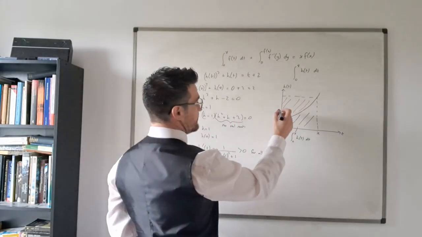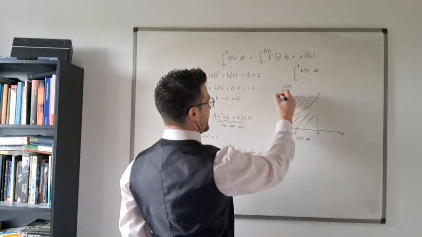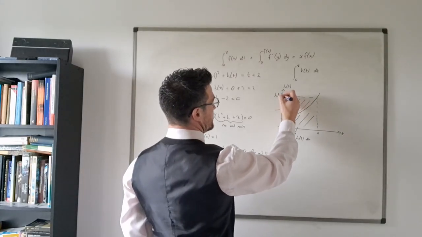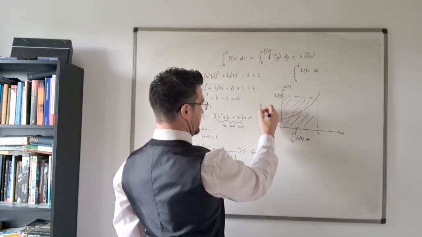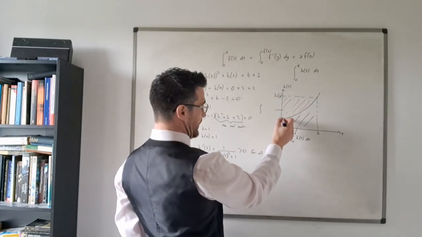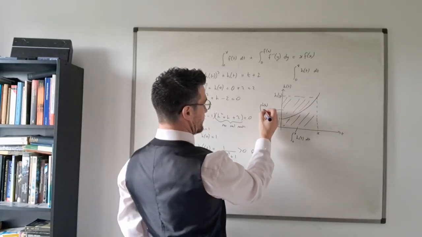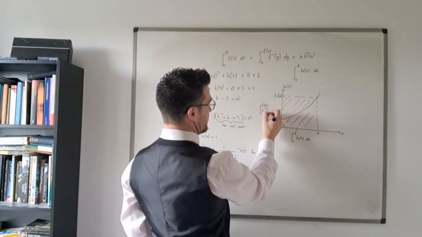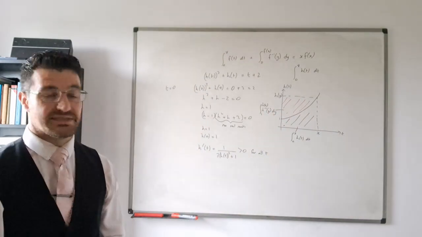With this area, we can adapt this formula, right? So this is h of x. So it's not the integral from 0 to h of x. It's the integral from 1 to h of x of h inverse of y dy. Well, that's easy enough, right?